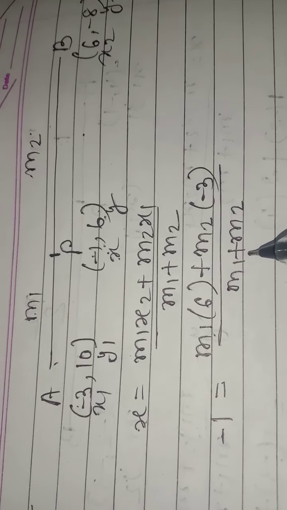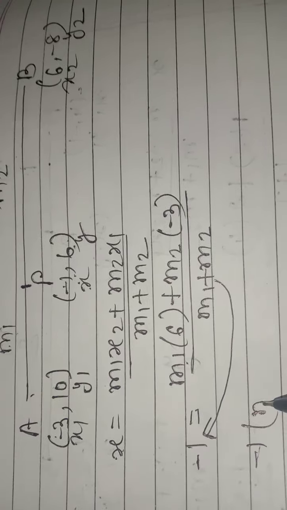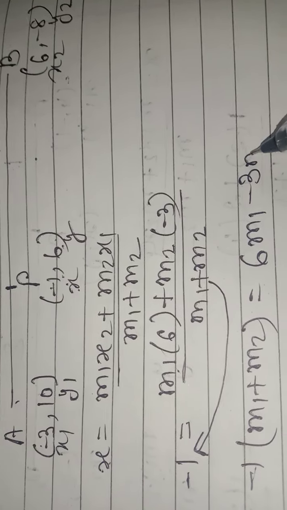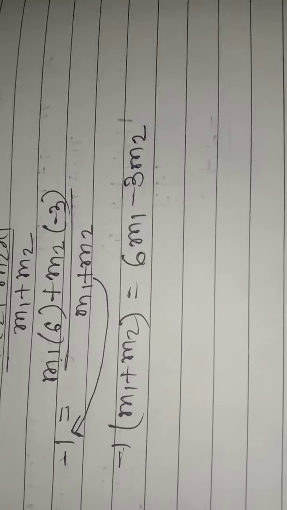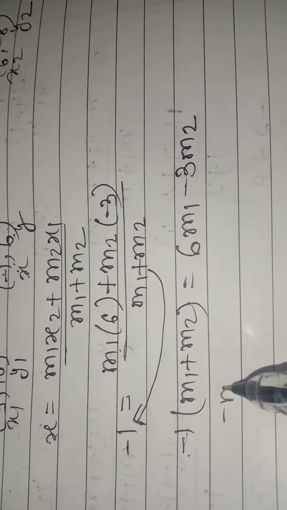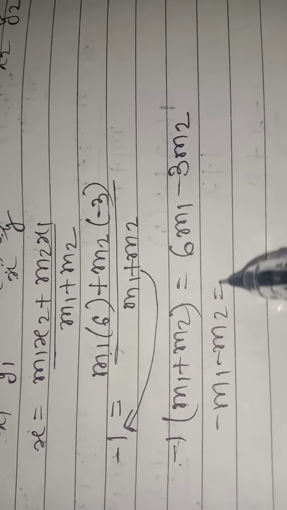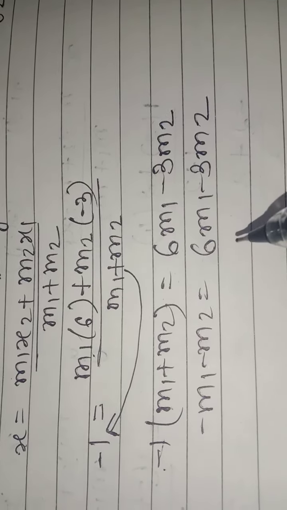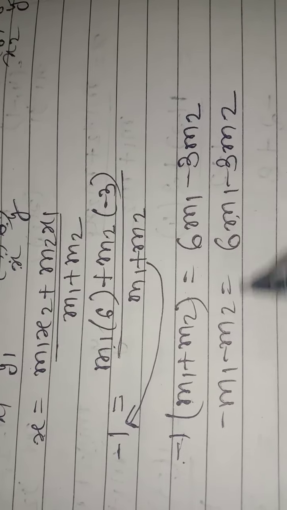Now I will cross multiply here. So minus 1 times (m1 plus m2) is equal to 6m1 minus 3m2. Again, multiplying minus 1 into m1 and m2, it is minus m1 minus m2 is equal to 6m1 minus 3m2. Let's solve the equation.